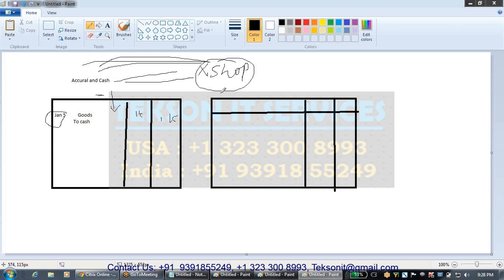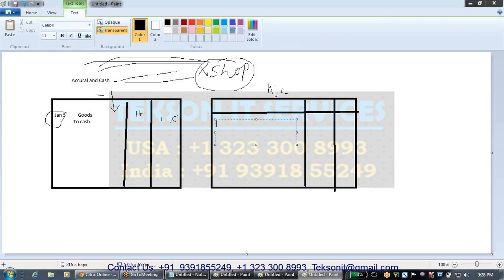This is the cash method. Suppose it is the accrual method. On January 1st he ordered the material, X person has sent the material as well as the invoice. Once the invoice is generated, on the same day you treat it as an expenditure.